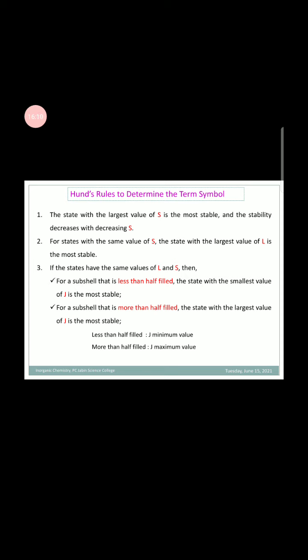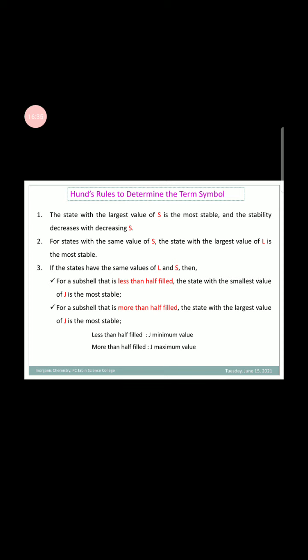Here, to calculate the ground terms, we use Hund's rules to determine the term symbol. The first rule states that the state with the largest value of S is the most stable, and stability decreases with decreasing S. For states with the same value of S, the state with the largest value of L is the most stable.